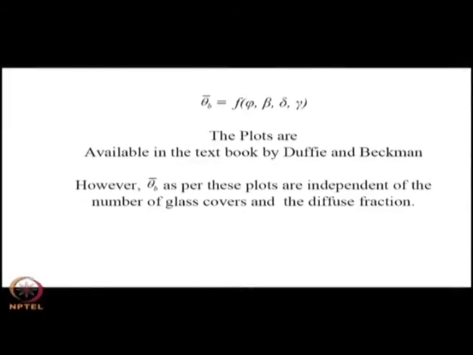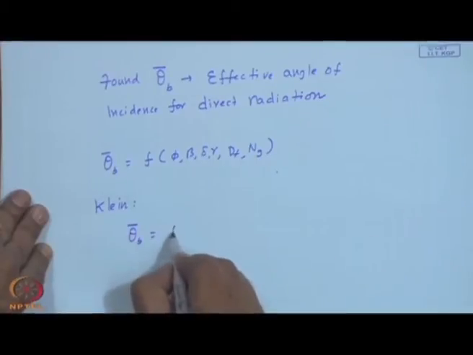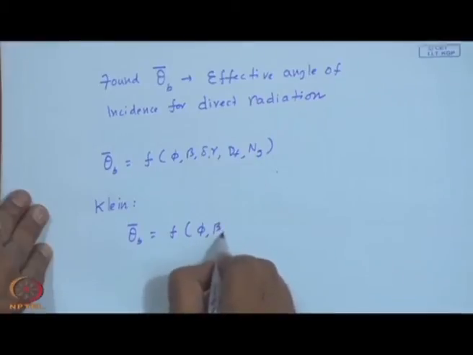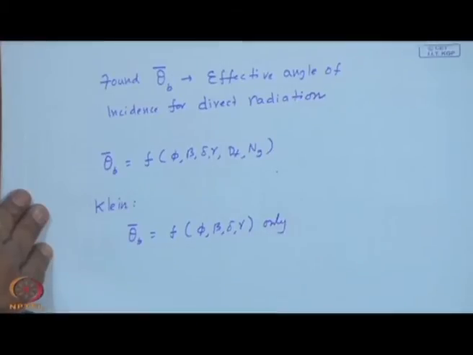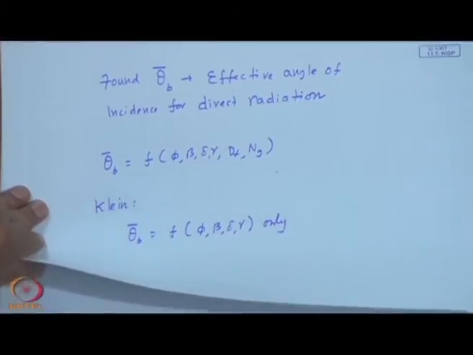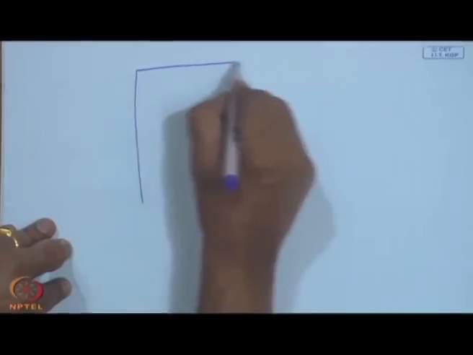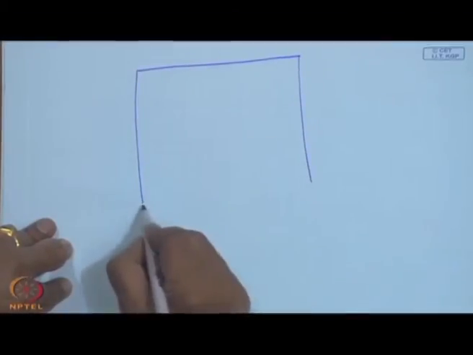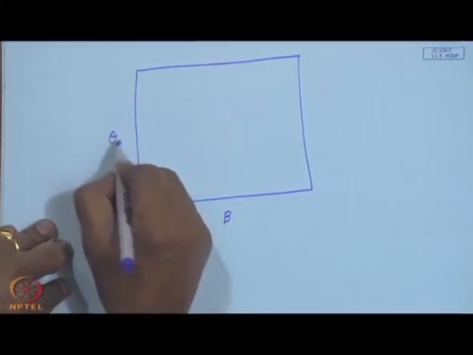So, plots were given as a function of phi, beta, delta, and gamma only. The dependence on the climate or the diffuse fraction or the number of glass covers is not available in those plots. So, they typically look something like this. This is with respect to beta and theta b bar.